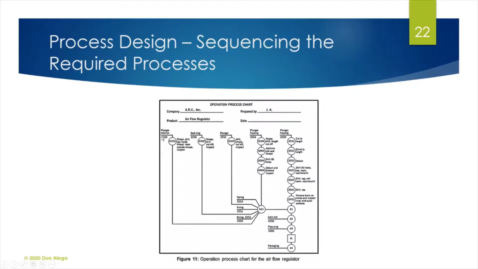Kapag sa vertical line, horizontal line, ito yung component parts natin na gagawin, and then yung vertical line, ito yung mga processes, 'di ba? Para mabuo natin yung isang assembly. Okay po. So usually ang OPC is the combination ng assembly chart tsaka ng BOM.